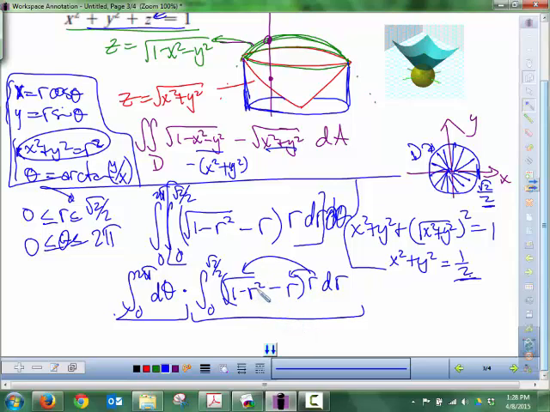The first one will be just a simple u substitution because the r squared and the r would undo each other. And then the second integral will just be r squared, so that's r cubed over 3. And this would be theta from 0 to 2 pi, so that's just going to be 2 pi. Okay?